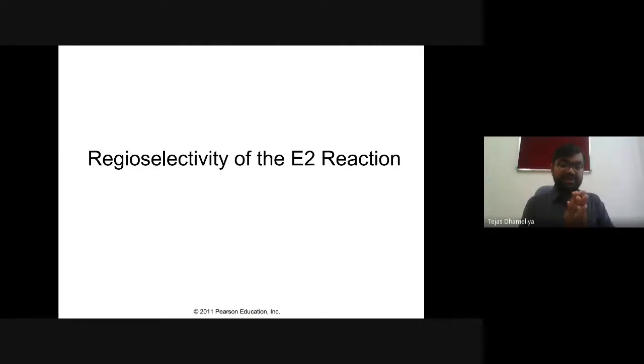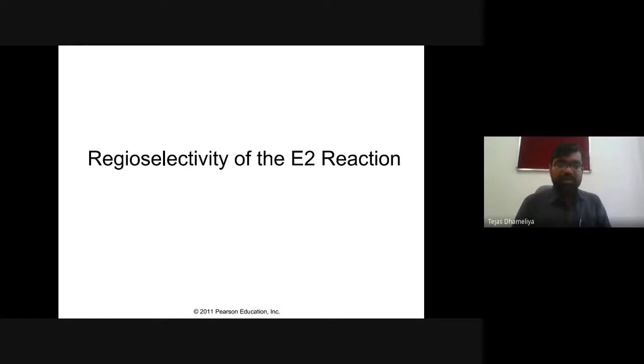In organic chemistry, we know there are 4 types of reactions. Similarly, there are 2 or 3 types of selectivity. What are these? The first is called regioselectivity. The second is called chemoselectivity.